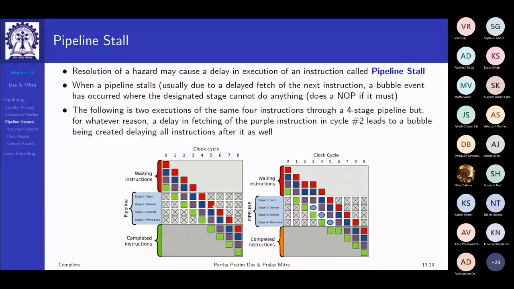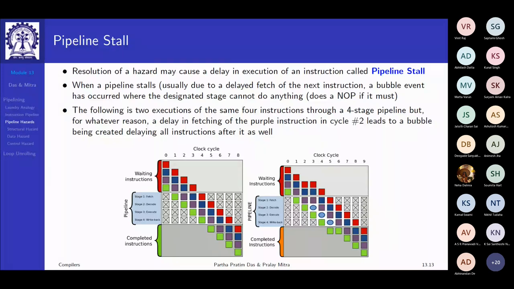Now let us assume that for some reason, and the reasons could be many, let's say when we are in cycle 3, that is for the decode of the purple instruction, you get into some problem. So I'm sorry, in cycle 2, you get into some problem so that you are not able to complete the decoding in cycle 3 as expected.